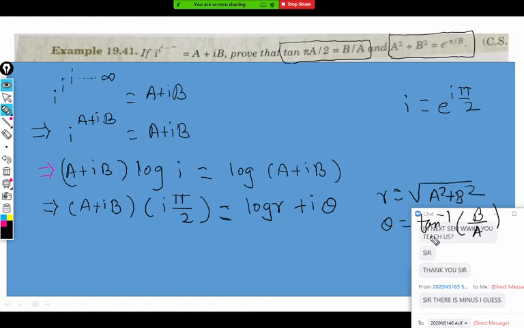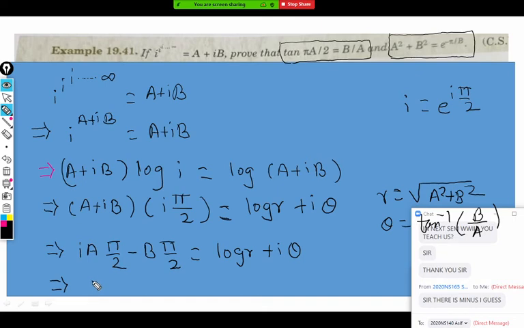So exactly the same thing that we have to do as in the previous question. First we should simplify the LHS. The simplification will be i a pi by 2 plus i b pi by 2 times i. This iota into iota is minus 1, so minus b pi by 2 is equal to log of r plus i theta. Next step should be equating real and imaginary parts.